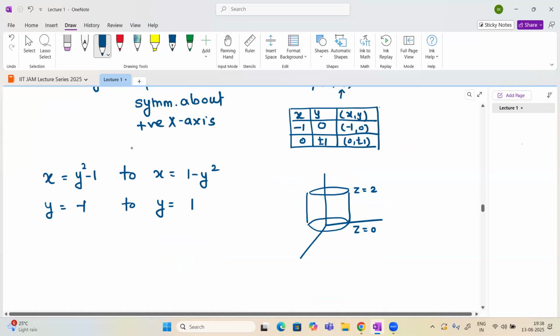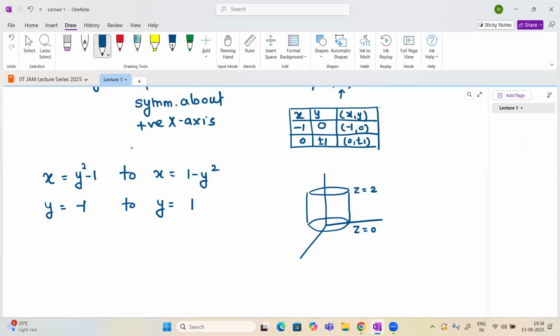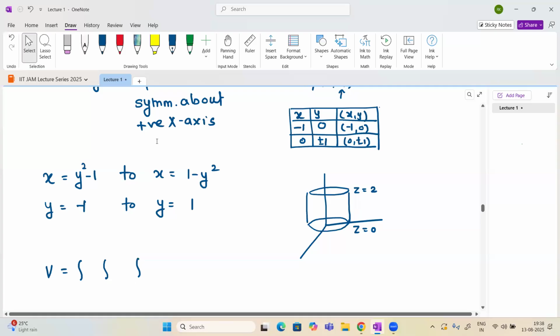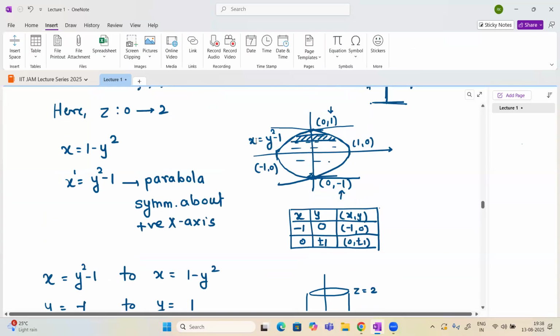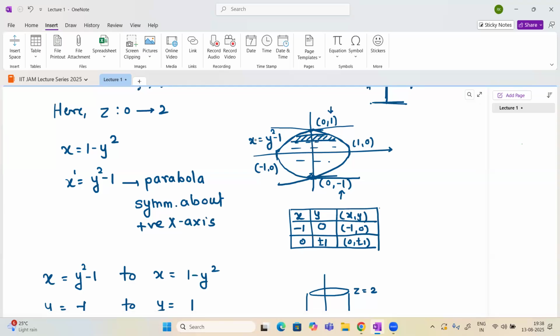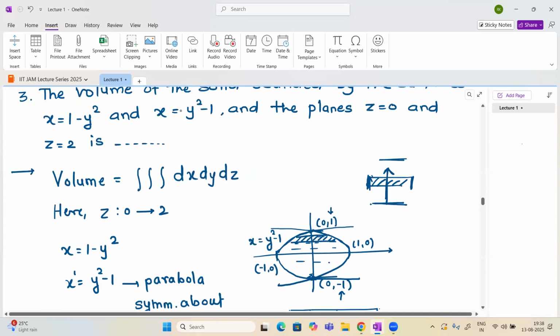Have you understood how I found those limits? Can you repeat how you find the limit of y? We are moving straight from bottom to top.